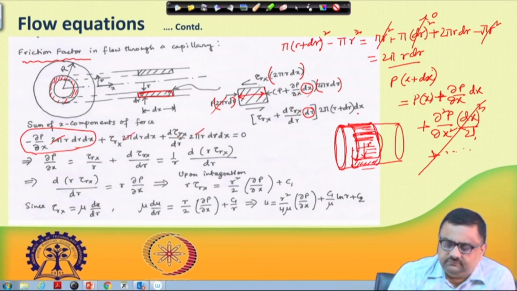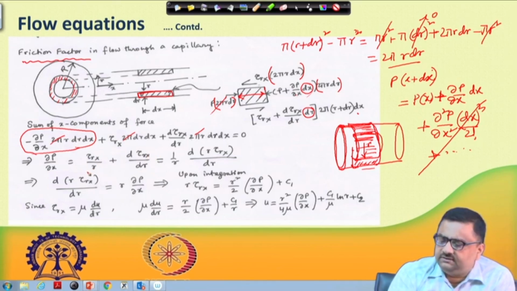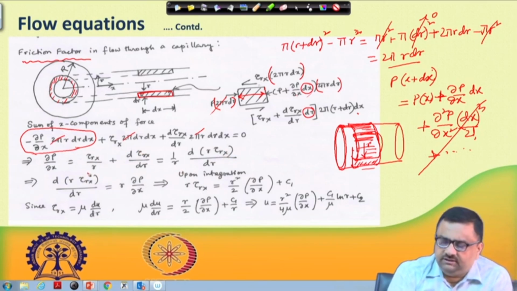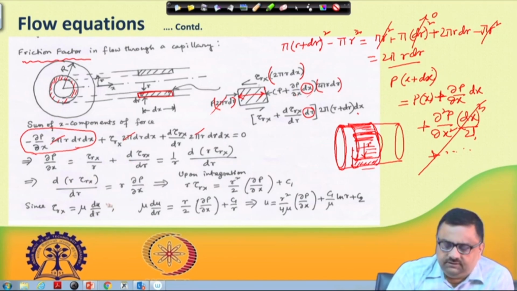So, it will be simplified to del p del x equal to this, and on the right hand side tau r x by r plus d tau r x by dr can be combined as 1 by r d of r tau r x by dr. So, you can combine these two. Essentially you will end up with this as the governing equation in this case.